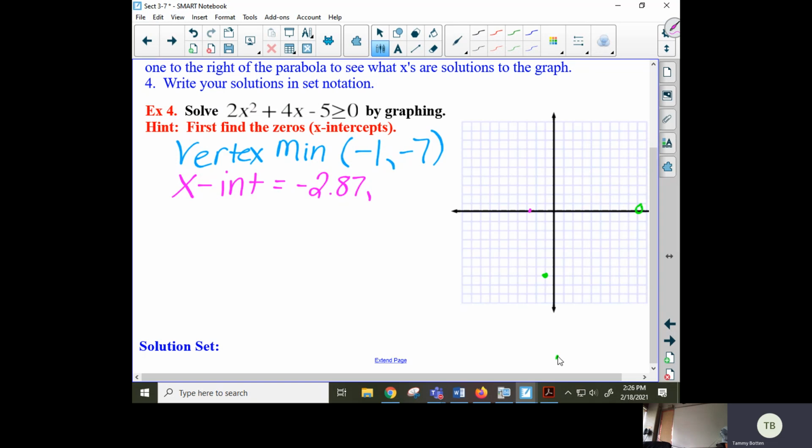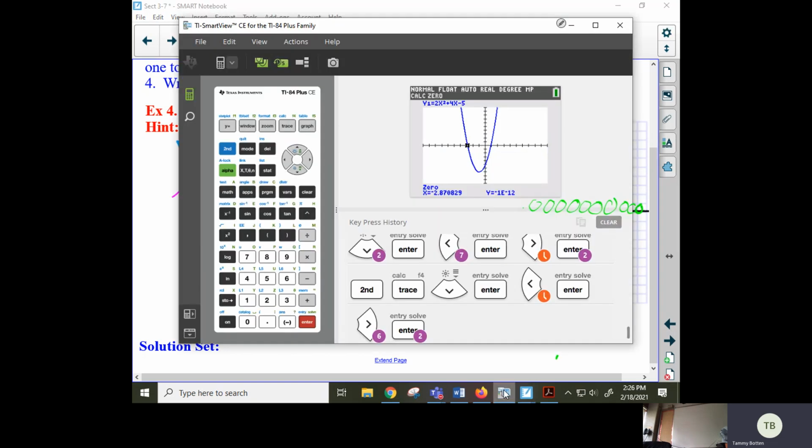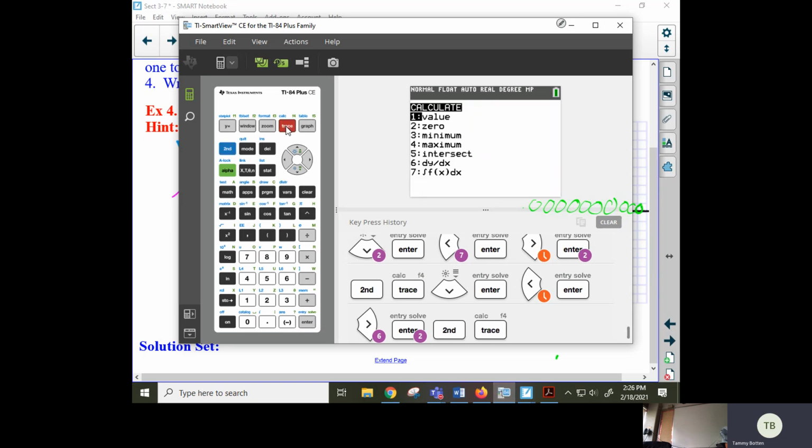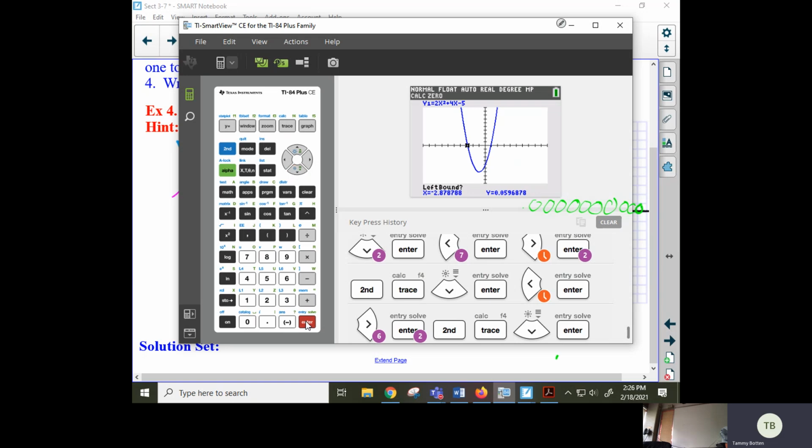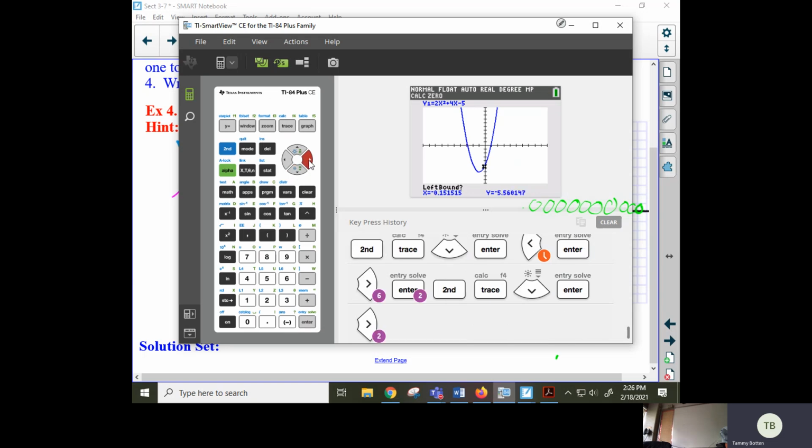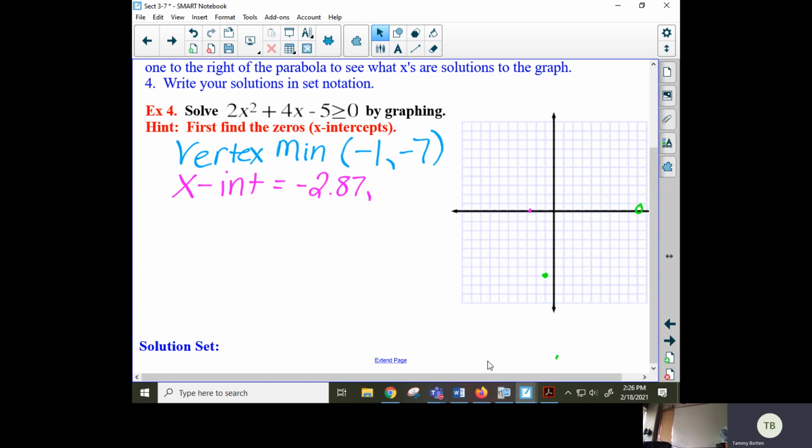Okay, then my other x-intercept, I can go back here, go second trace down to number 2, move this so it's to the left of the first 0, move it so it's to the right of the first 0, hit enter again, and now this one is at 0.870. So that is your other x-intercept, positive 0.87, which would be almost to 1.